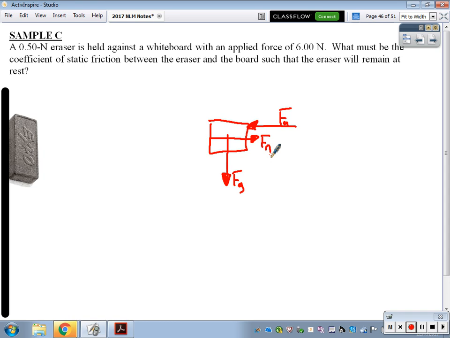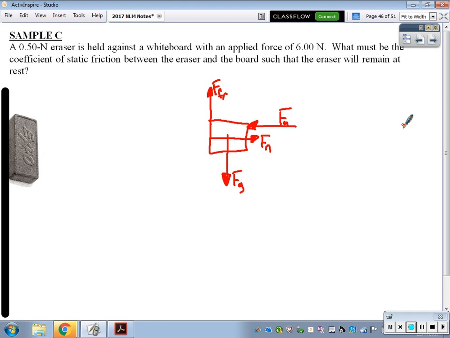What is the last one that we're missing? It is the frictional force. Where is that going to be drawn? It should be along that leftward surface, and it is going to be pointing in an upward direction.